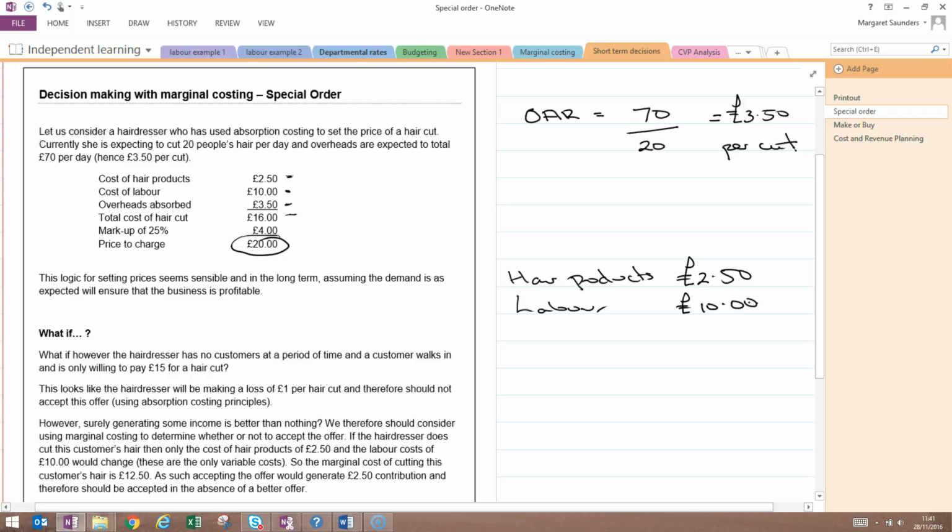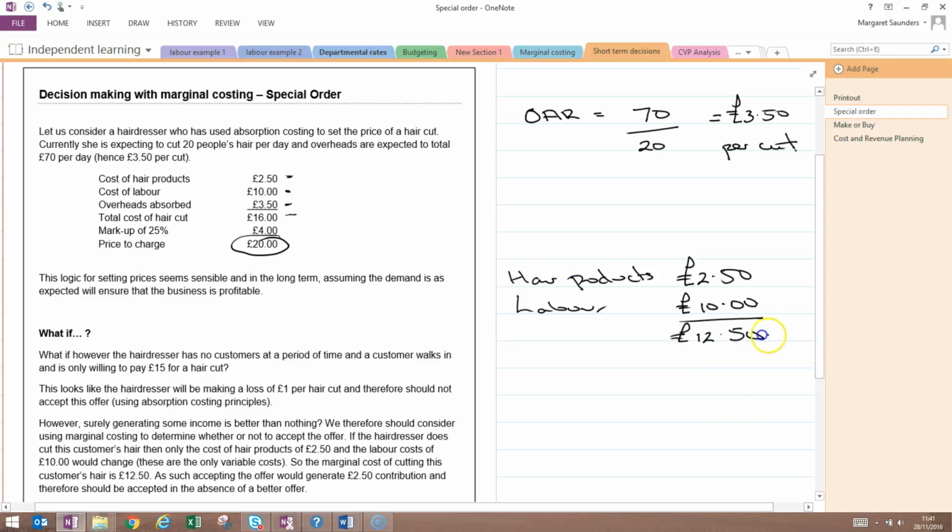Now the overheads, they will be incurred whether she cuts anybody's hair or not, because they are a fixed cost. So the only additional costs that the hairdresser will incur if she decides to cut this customer's hair is £12.50.